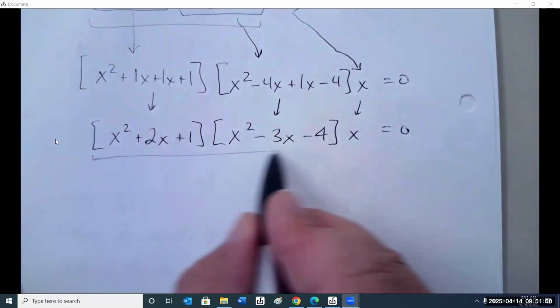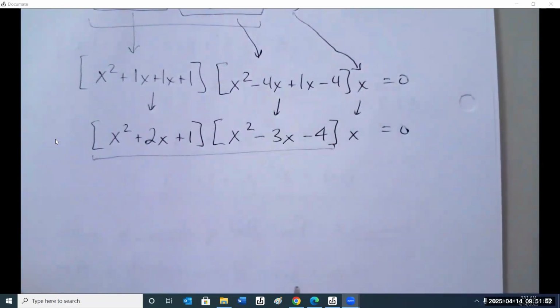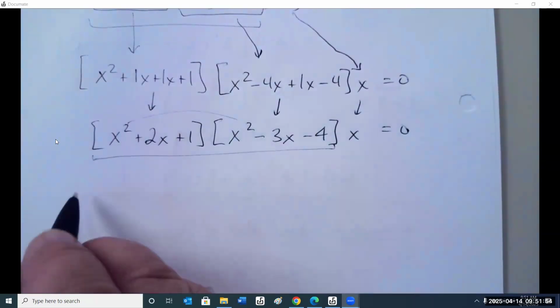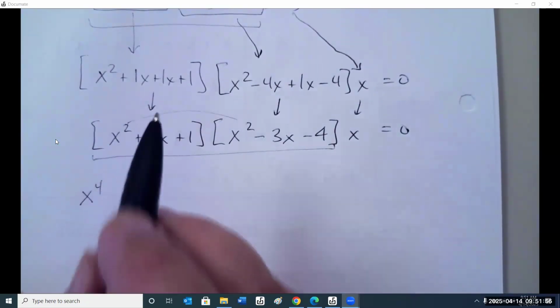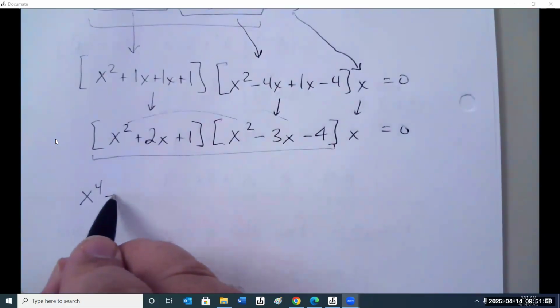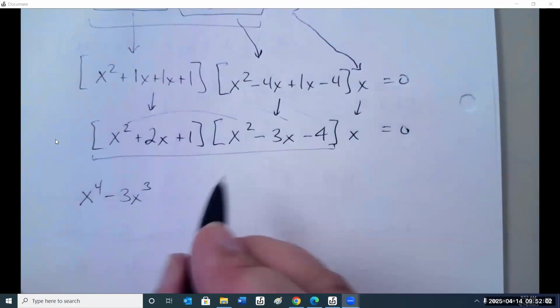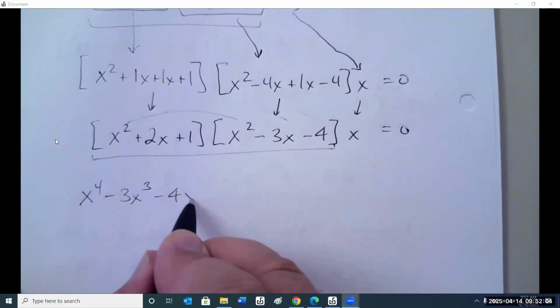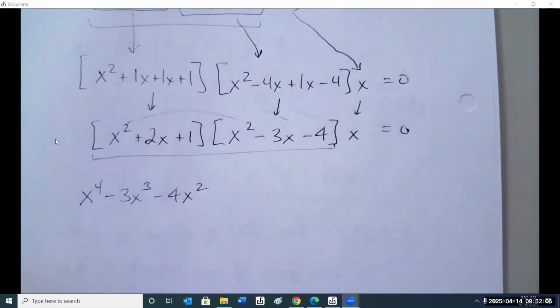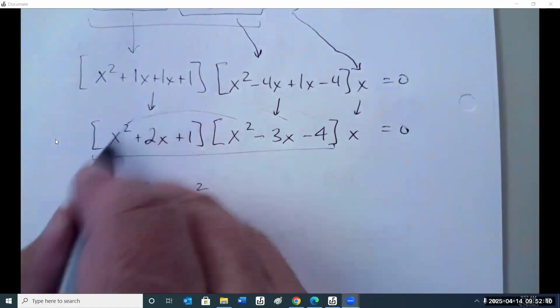Now we gotta multiply these two big ones together. X squared times x squared is x to the fourth minus 3x cubed minus 4x squared. That's it for the first one.